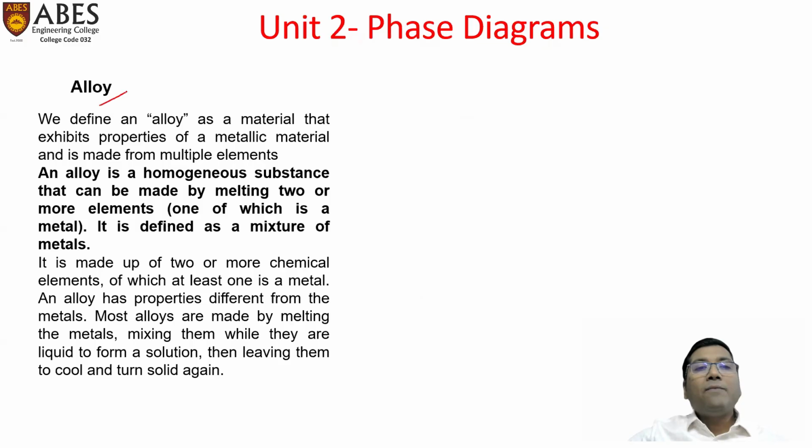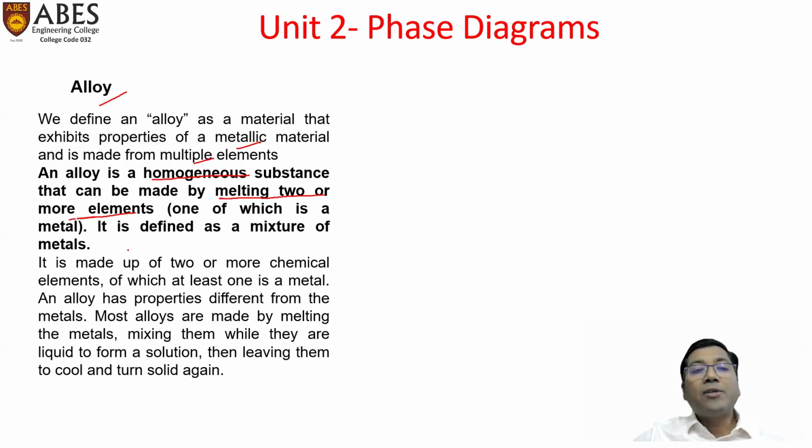An alloy, as we all know from the beginning, is a material that exhibits properties of a metallic material and is made from multiple elements, two or more. An alloy can be defined as a homogeneous substance that can be made by melting two or more elements, one of which is a metal.